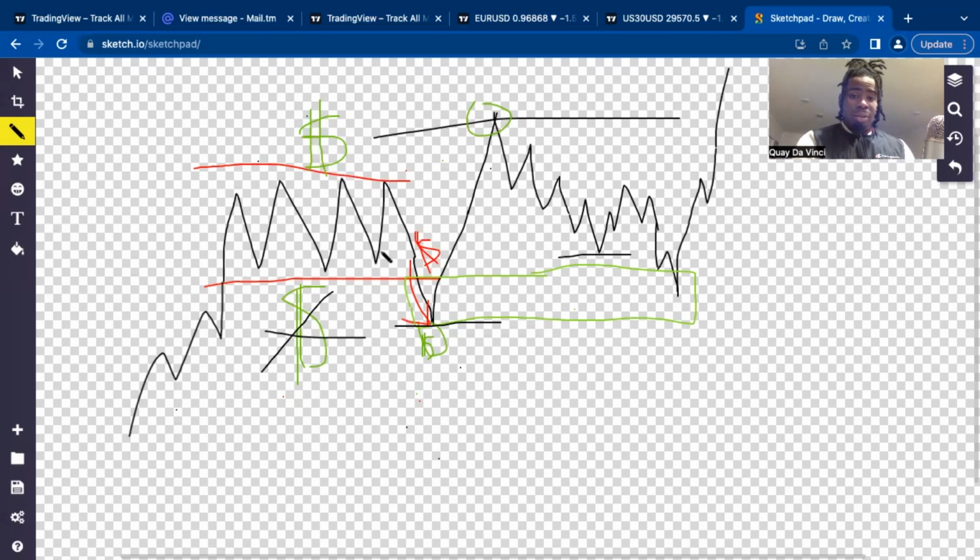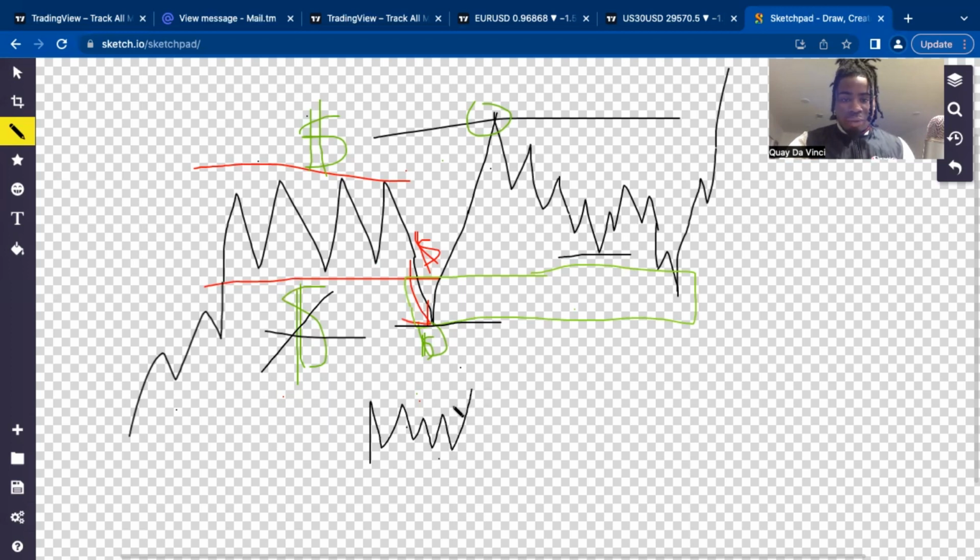Create liquidity. People are stacking up on buys and sells, sells and buys, just entering because this is a very good range to be trading. All of a sudden, that range is taken out from the bottom side. Like I said, this goes both ways, but I'm just explaining from a buy position, and the same applies from a sell position. You have your range being created.